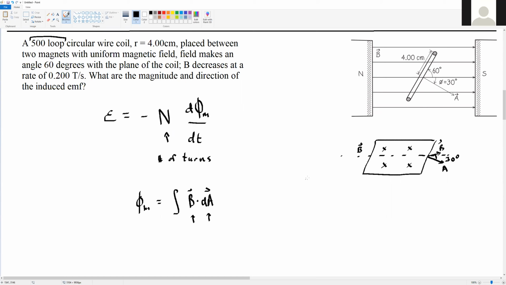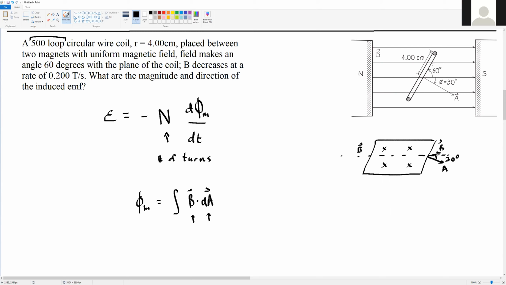And the area vector is always normal to the surface. You remember that from Gauss's law? Yeah. Normal means perpendicular. So right here we have a 90-degree angle between the actual rectangle, which is the loop, and the area vector for that loop.